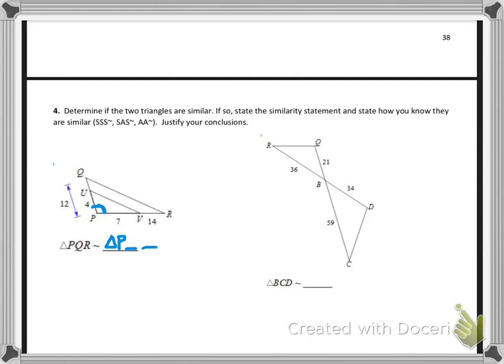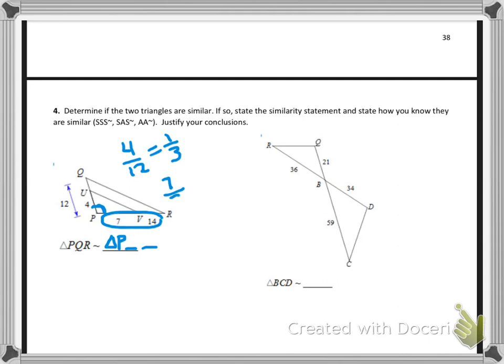So luckily everything's lined up, so I can say 4 to 12. Figure out what that ratio is. Well, 4 goes into both of those numbers, so that's 1/3. And 7 out of, I don't know the full side. But I know that part of it is 7 and part of it is 14.